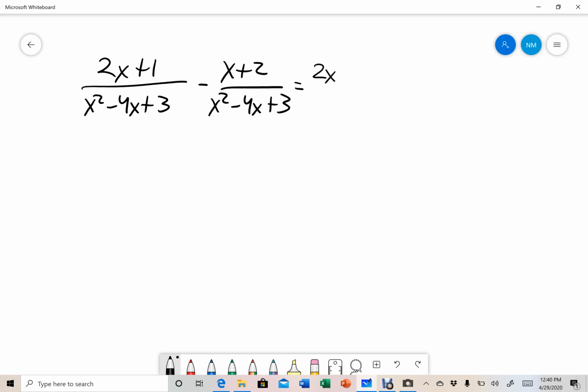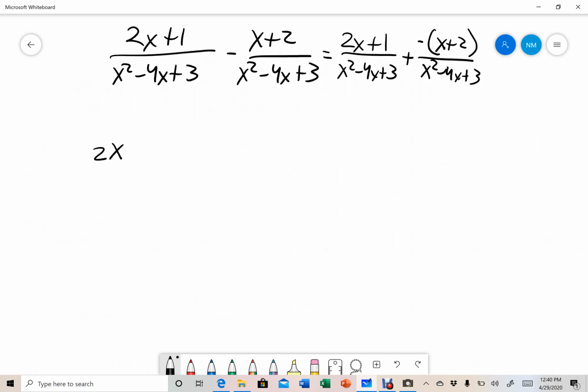So I've got 2x plus 1 over x squared minus 4x plus 3 plus a negative x plus 2 over x squared minus 4x plus 3. So I applied my subtraction sign to my numerator, and I put an addition sign between my fractions. From here, all I'm doing is combining together over one common denominator.